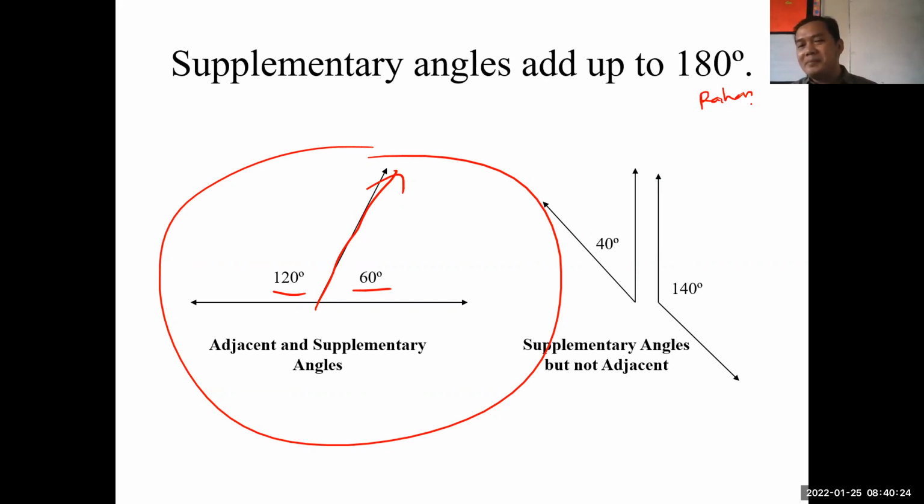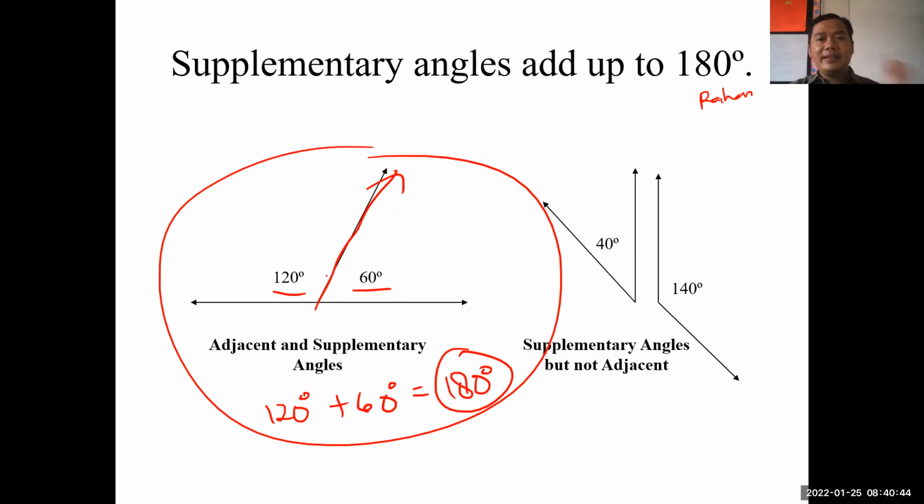Niki, berapa Niki? Niki belum di-unmute. Ya. 180, Pak. Iya, 180. Right? Because if you add 120 plus 60, you will get 180 degree. So we can say that these two angles are supplementary.